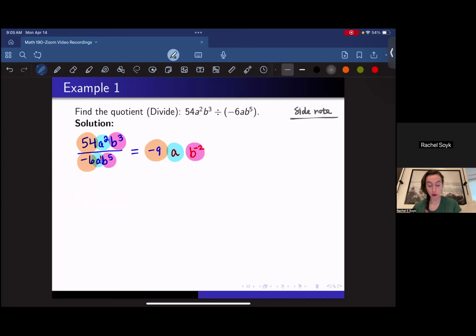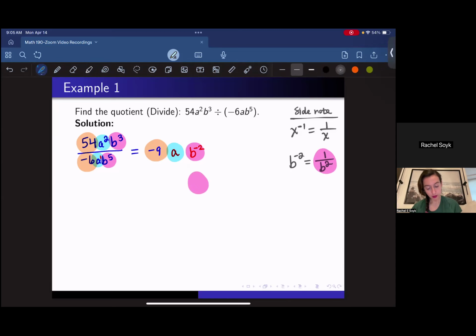It is simply 1 over the positive version. So if we're looking at x to the -1, we have 1 over x to the +1, also known as 1 over x. If we're looking at b to the -2, we have 1 over that positive version, 1 over b to the +2. So now knowing that, we can replace.